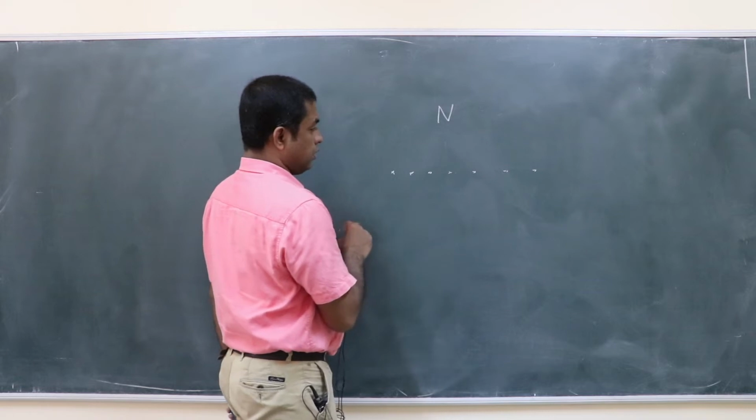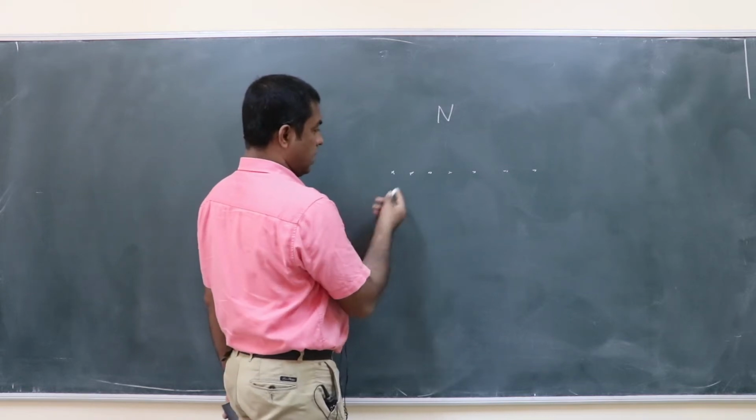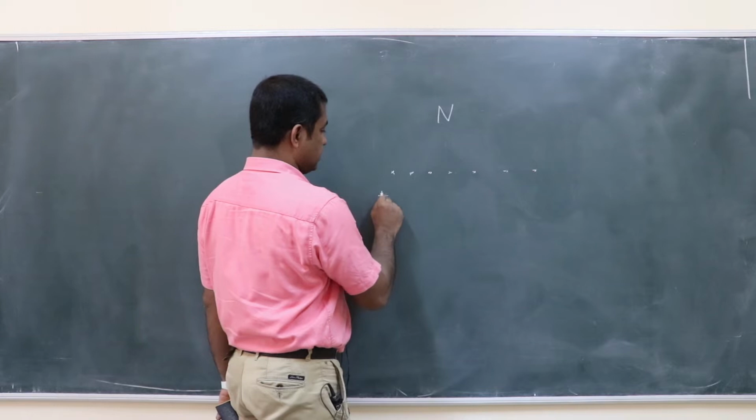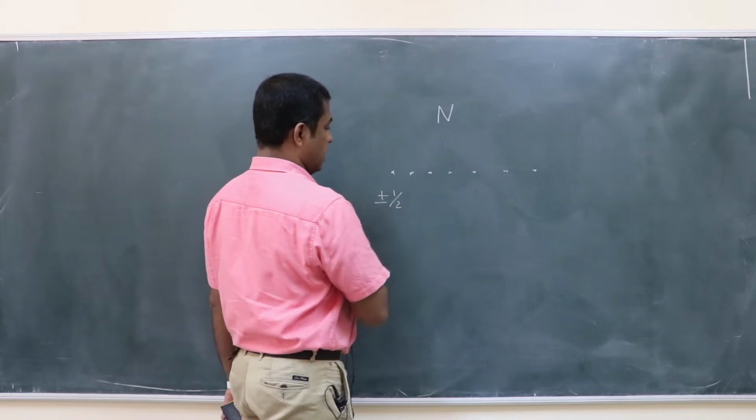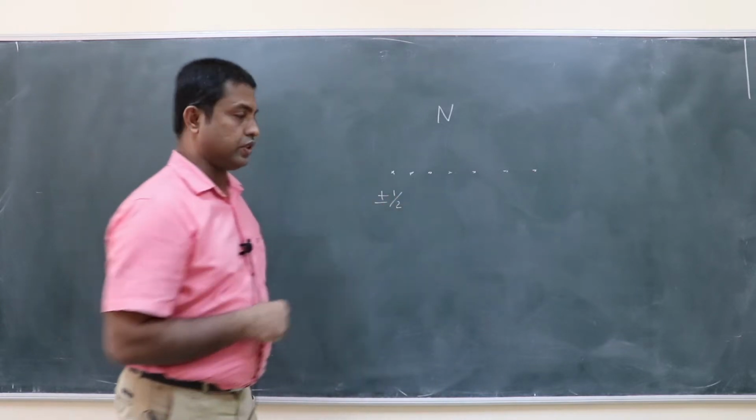Each of them has spin components plus or minus half, in units of h cross.